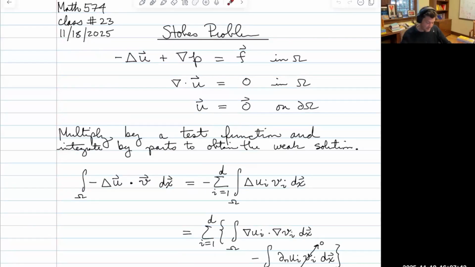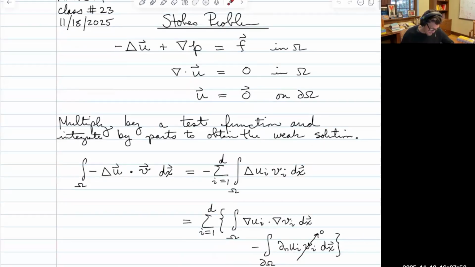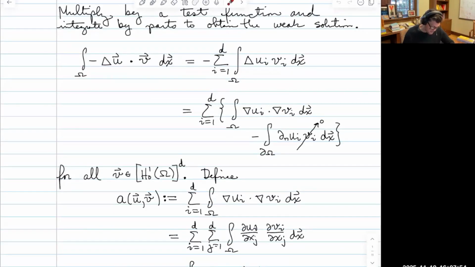So what we're going to do is multiply by a test function and integrate by parts. So the test function that I want to use is one that is from this space. This is essentially the same space of solutions that I'm going to expect, the same space that I'm going to expect my solution to be from.